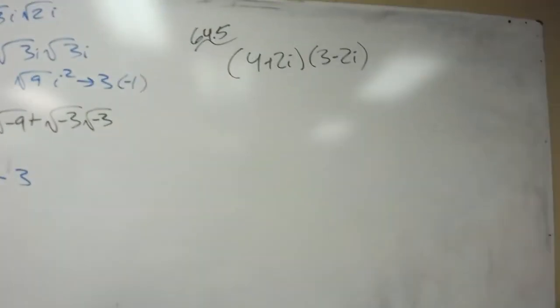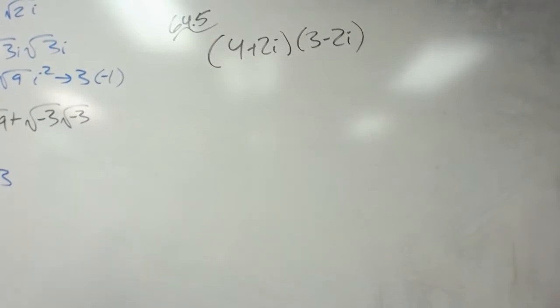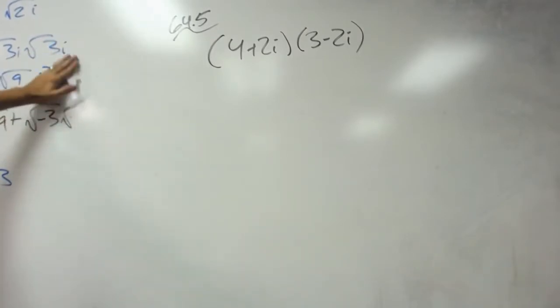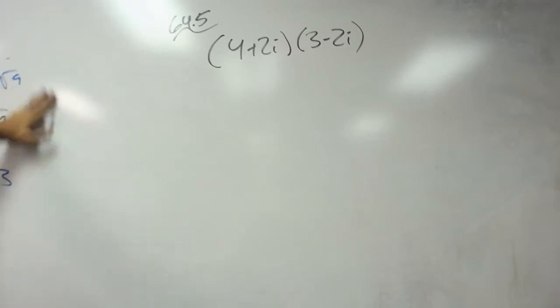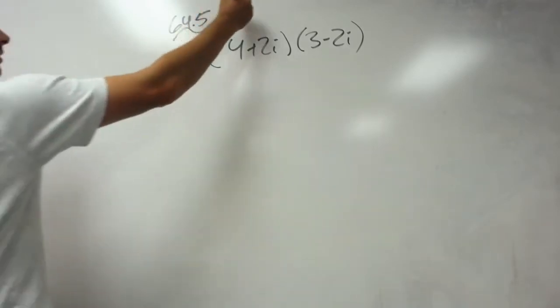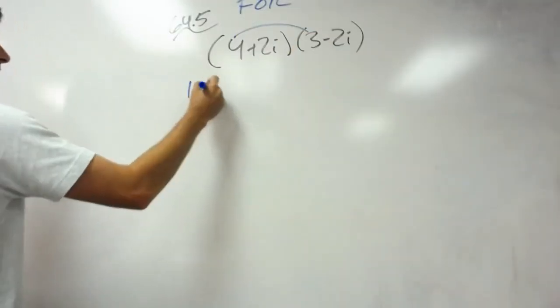One more example. We're just learning how to use these imaginary numbers. They're nothing special. They sound complicated, but they're nothing. This one wants us to multiply. So, if you had a guess, you're probably guessing right. You FOIL. So we do our first. 4 times 3 is 12.